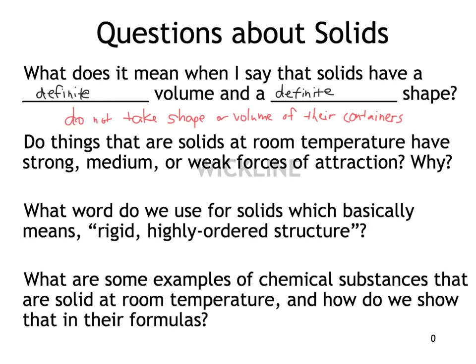So since solids are being held together in a regular geometric pattern, the reason for that is because they have extremely strong forces of attraction holding them together. A rigid, highly ordered structure is a term that you might use to describe solids. It also describes the word crystalline.